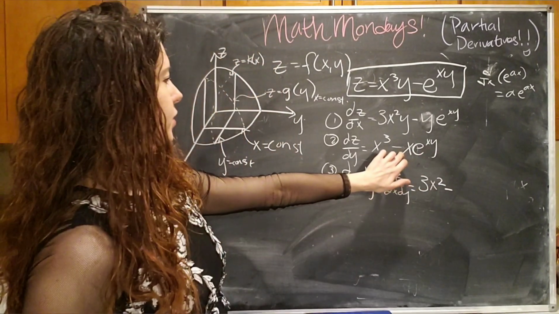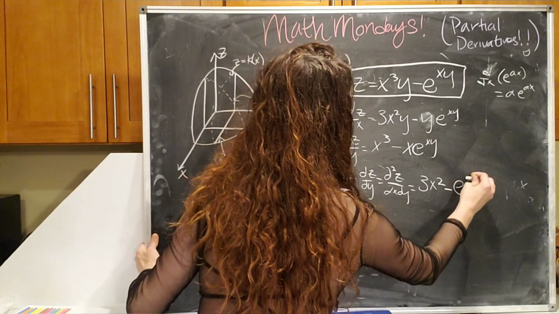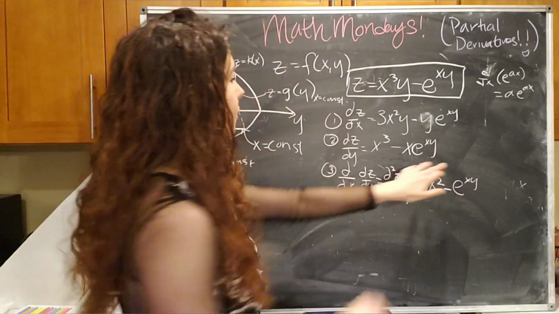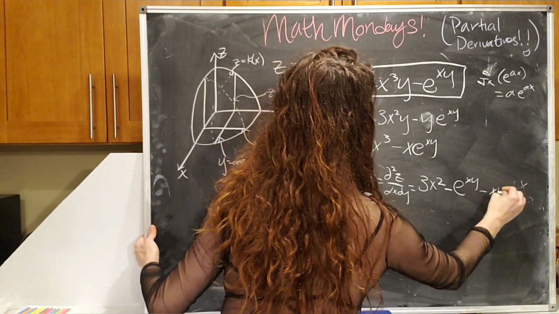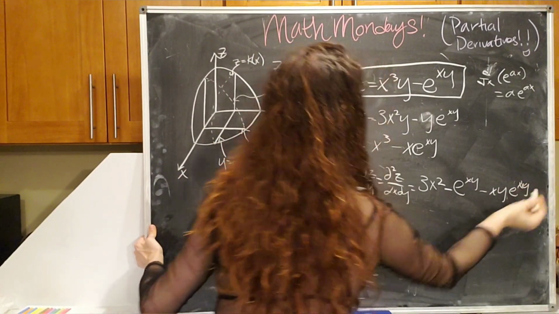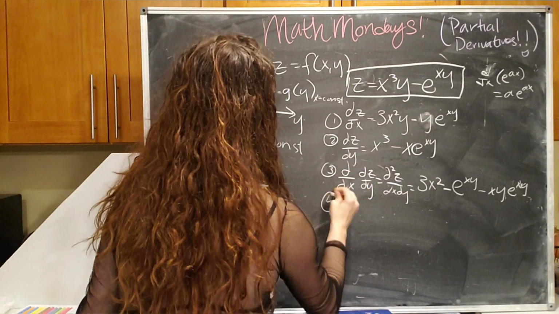So for this first part, if we say this is our variable, this is a constant, then we just get e to the xy. And then if we say this is our constant, this is our variable, we're going to get minus xy e to the xy. Cool. Okay, so now let's swap these and do the other mixed partial.